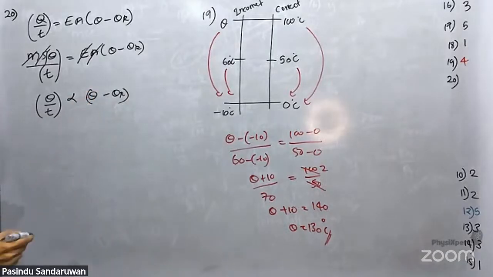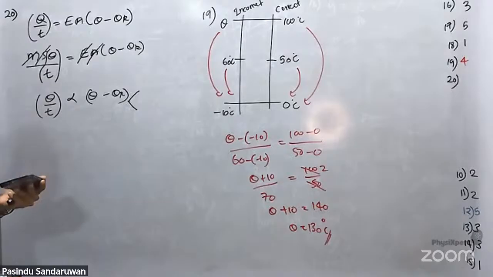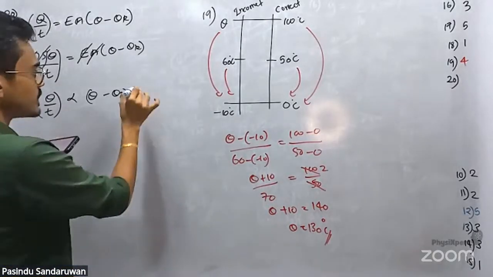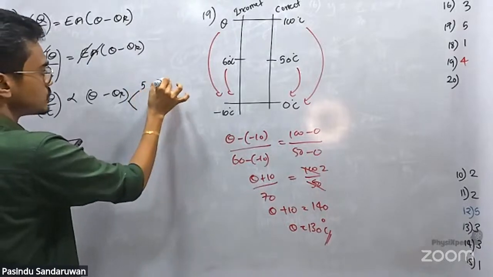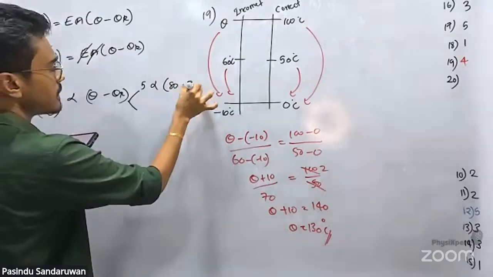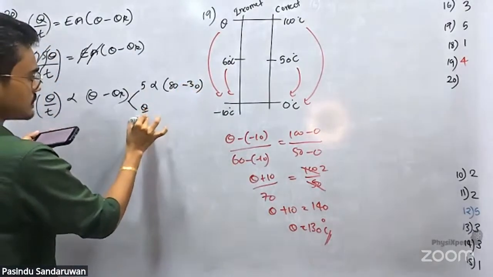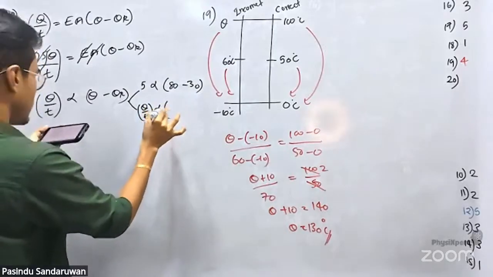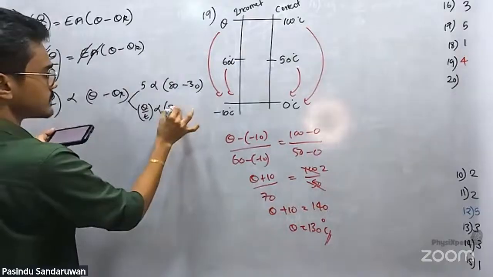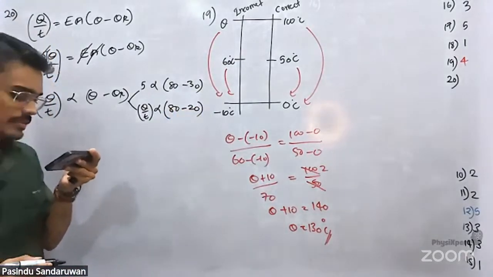I'm going to use this equation two times, considering these two scenarios. Initially, 5 is proportional to 80 minus 30, since the room temperature is 30. In the second case, theta over T is proportional to 80 minus 20, because the environmental temperature is reduced by 10.